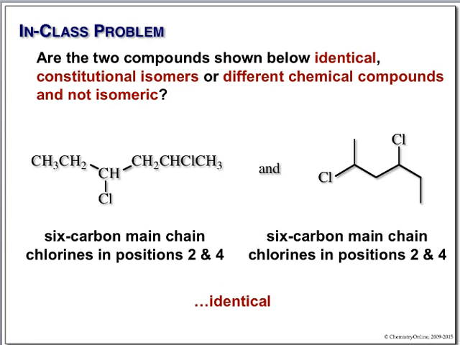They are simply different representations, but they're the same compound. Six carbon chain, 1, 2, 3, 4, 5, 6. Chlorine on carbon 2, chlorine on carbon 4. Same thing.